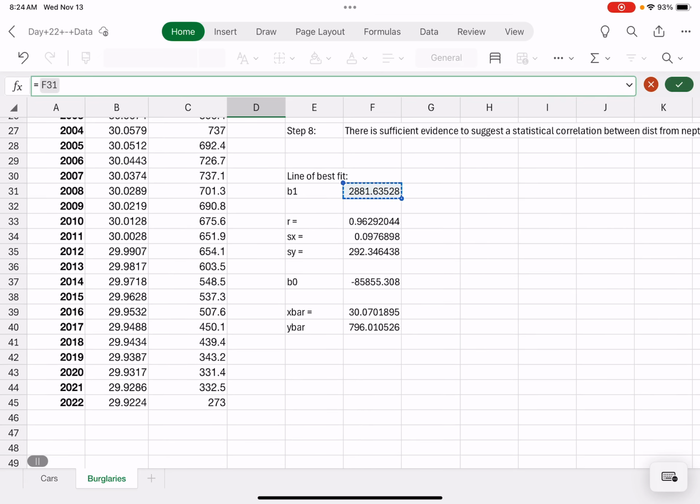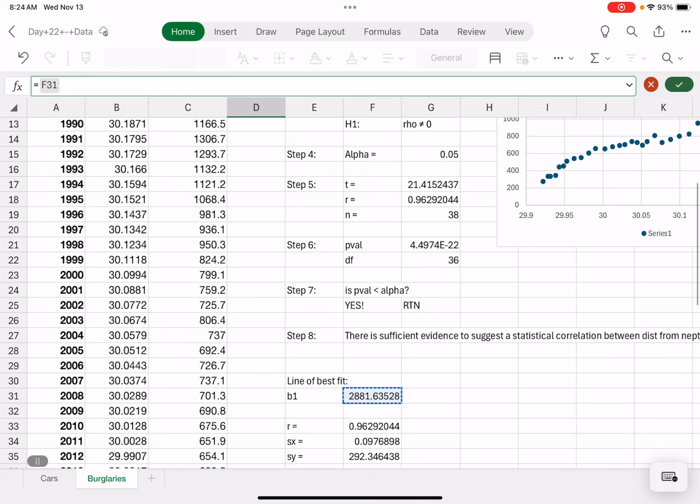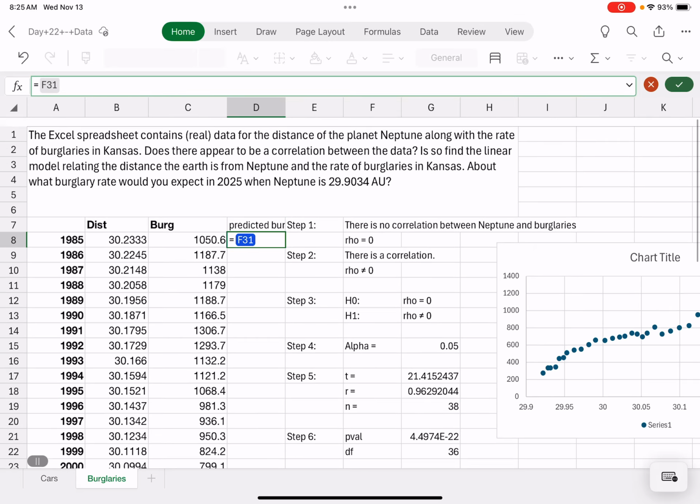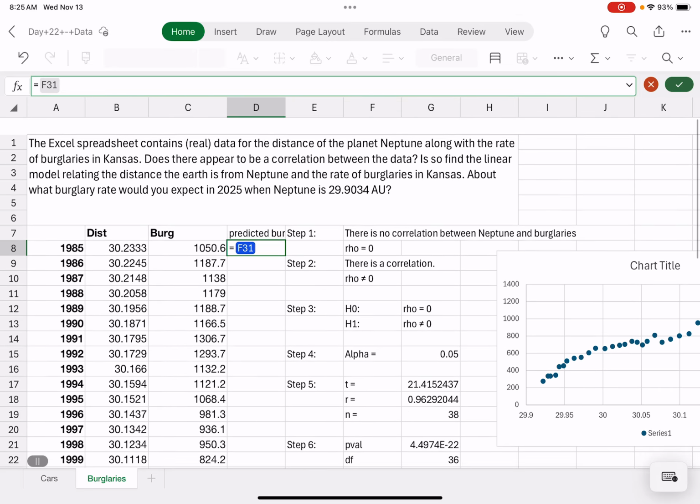That means that for each unit of distance, which is astronomical units, burglaries increase by 2,880 per 100, whatever that rate is. All right, so I've got my slope times the distance plus B naught.